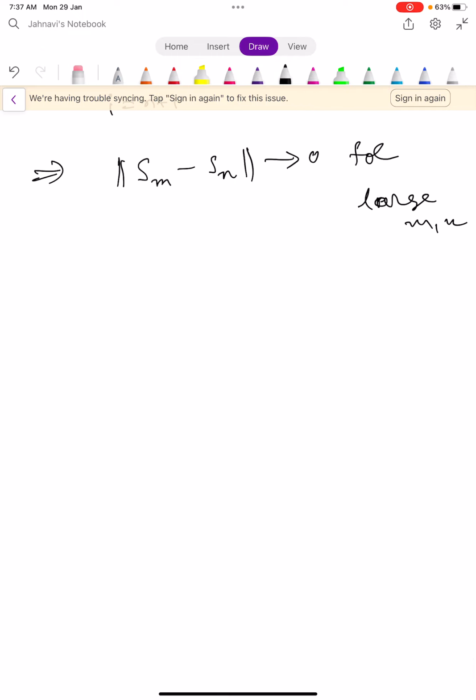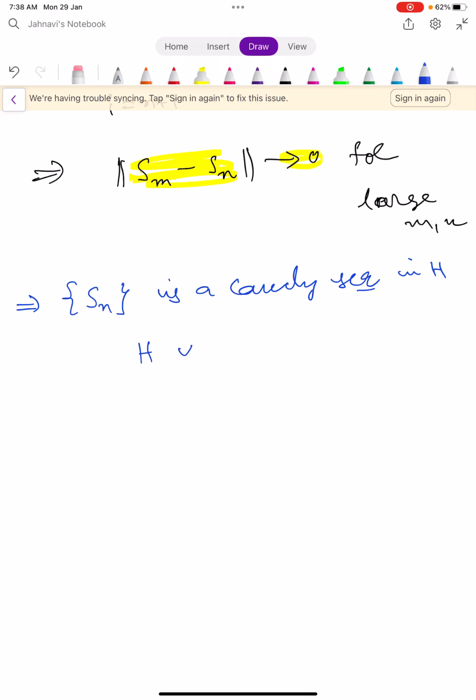This condition, norm Sm minus Sn converges to 0, means the sequence Sn is a Cauchy sequence in capital H. If the sequence Sn is a Cauchy sequence in capital H and H is a Hilbert space, every Hilbert space is complete.